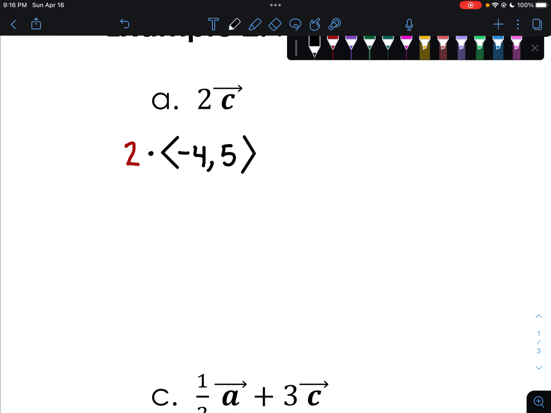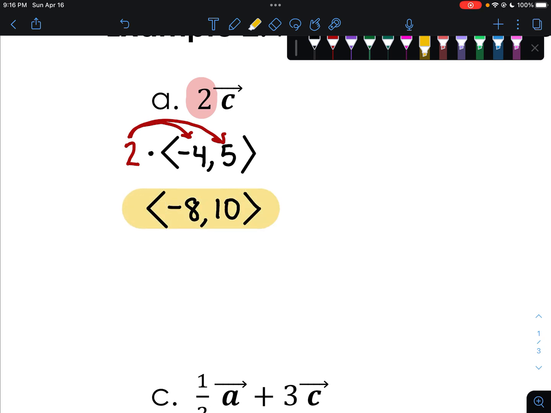So all we're going to do is distribute that 2 to the -4. When we do that, we get -8. Then I'm going to distribute that 2 to the 5. When we do that, we get 10. And then we put our vector brackets on it, and that is our answer, <-8, 10>.